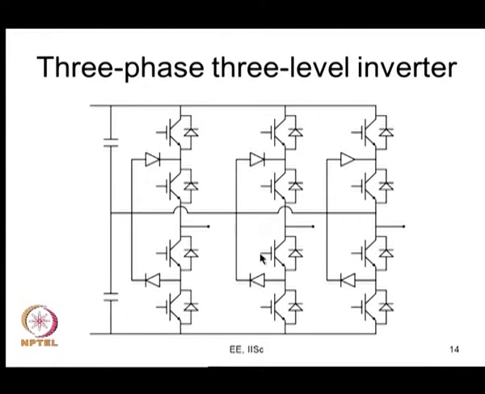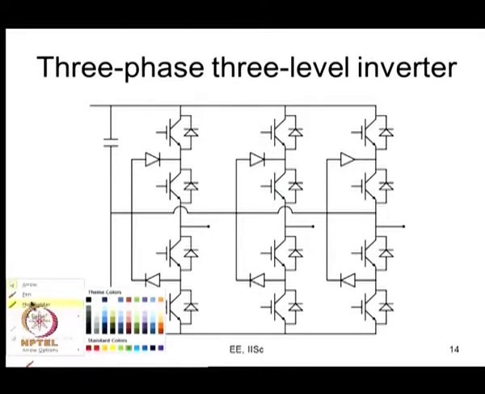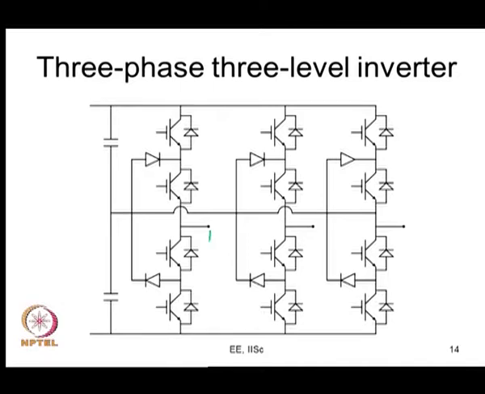Now, here I have shown all the 3 legs. So, this is what is really your 3 phase 3 level inverter, which is what we are considering now. This is the load terminal R, this is the load terminal Y, this is the load terminal B, and this is the DC midpoint O. This is the DC positive, this is negative. You have a voltage of VDC by 2 here, and here you have a voltage of VDC by 2.